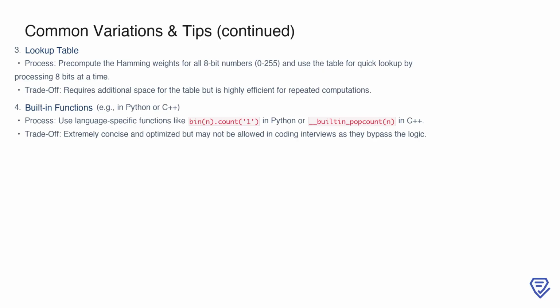For example, in Python, you can use bin(n).count('1'), while in C++, the __builtin_popcount(n) function achieves the same result. These built-in methods are highly optimized and concise, but they might not be allowed in coding interviews because they bypass the underlying logic. When practicing, focus on understanding the manual implementation to ensure you're prepared for scenarios where these shortcuts aren't available.